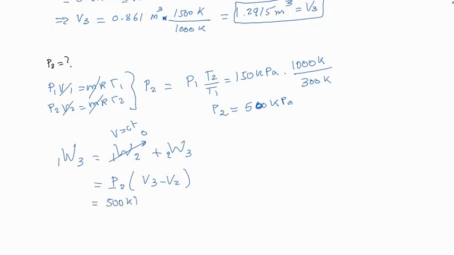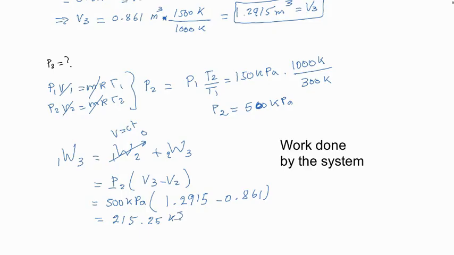This is 500 kilopascal, and volume 3 was calculated, which is the final volume. And the total work is a positive quantity because it produced a useful work causing the expansion, as shown in the previous PV diagram.